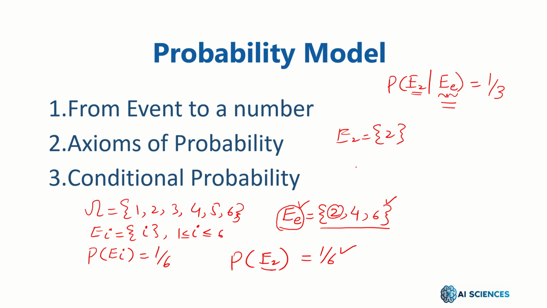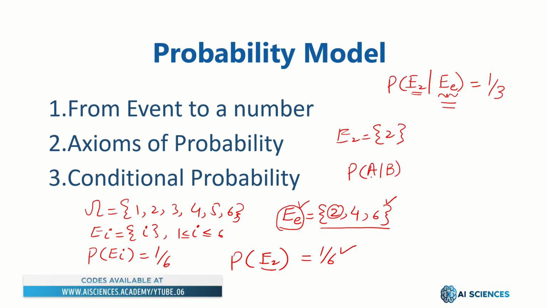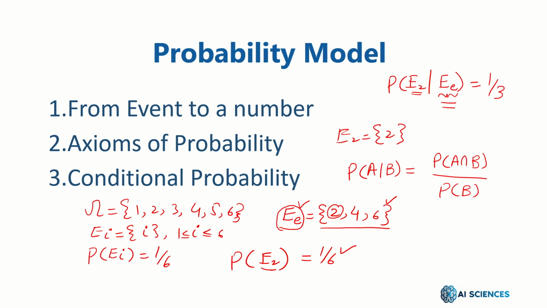So the formula, for example, is: the probability of A given that B must occur, what is the chance that A will occur, given that we know that B must occur or B will occur for sure? That is the probability that both A and B will occur, the chances that A and B both occur, divided by the probability of B. So you can think that this probability of B, this normalization factor, is like the sample space normalization.